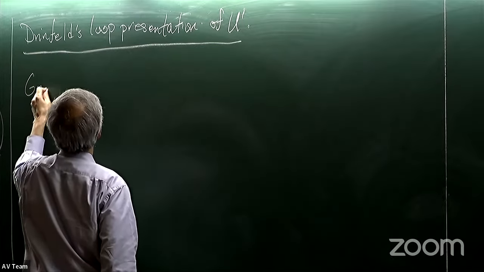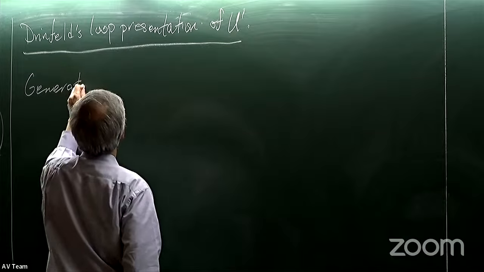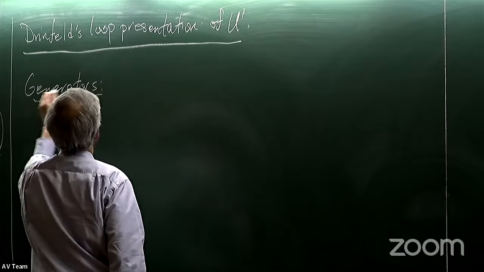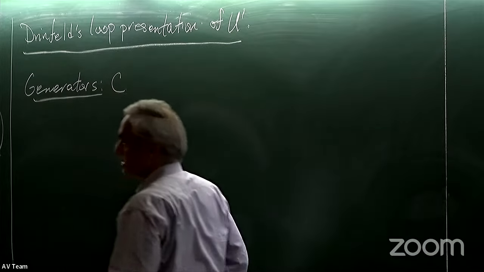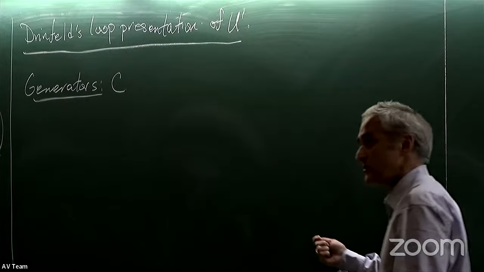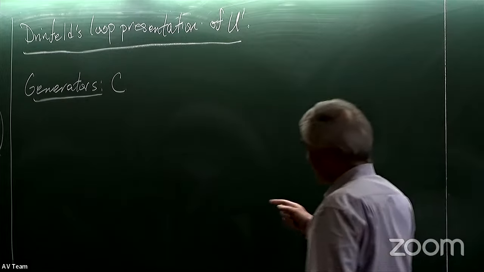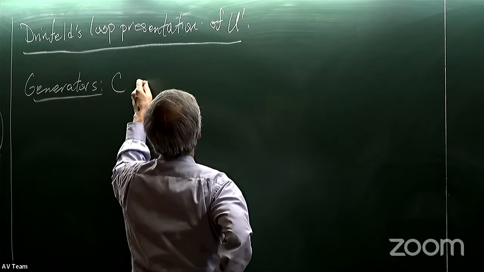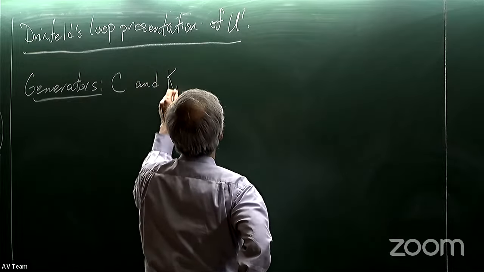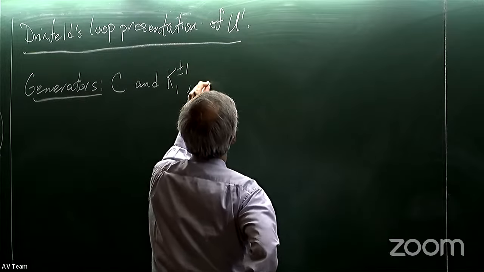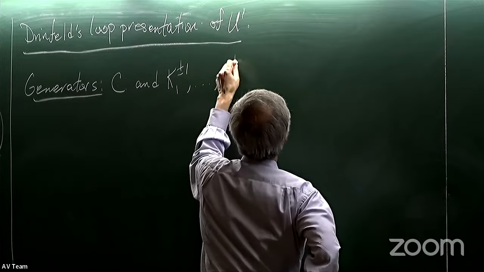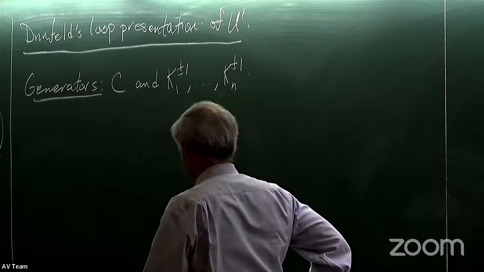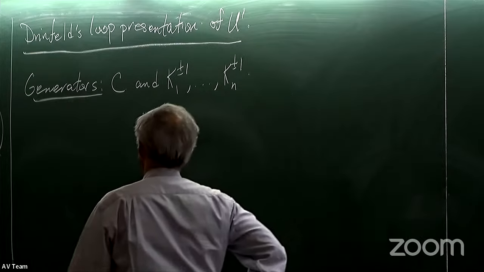So the generators: I like to include the central element C, even though we are soon going to set it to 1. Level 0 means C is equal to 1, but let's keep it for the moment. And let's keep the finite part of the Cartan, so some K's, K_1 up to K_n inverse.